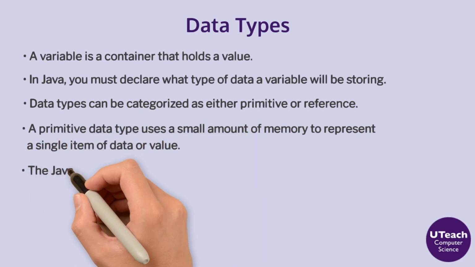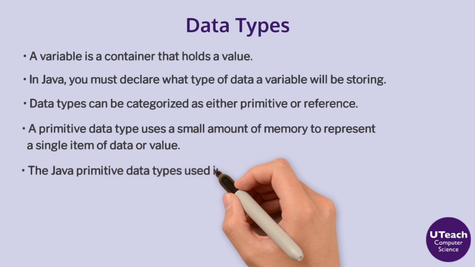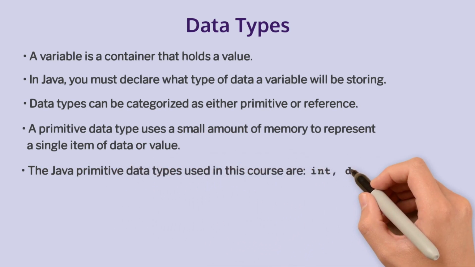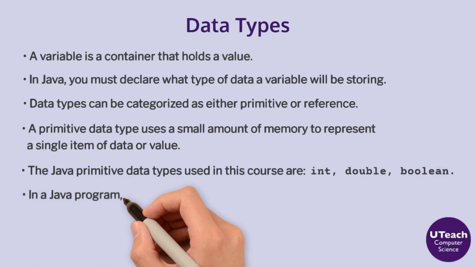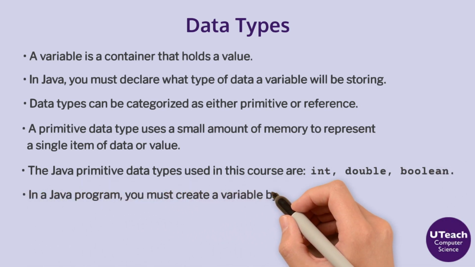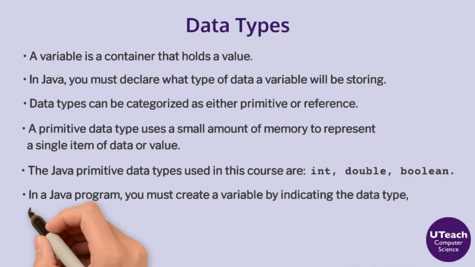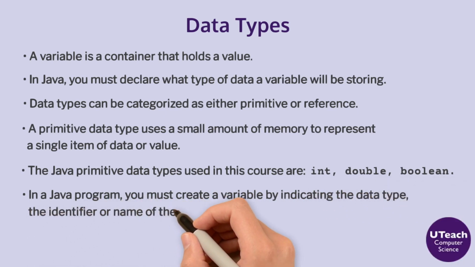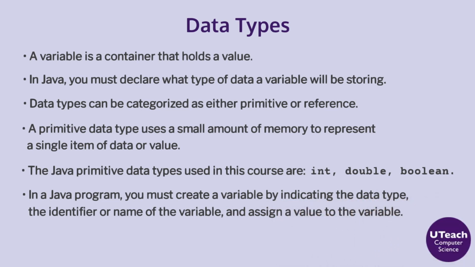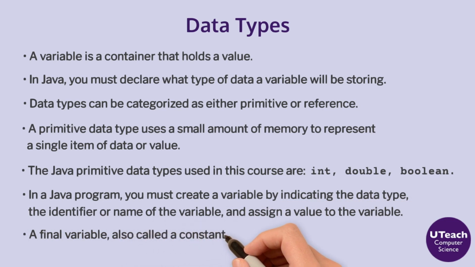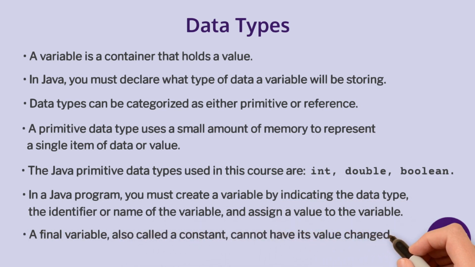The Java primitive data types used in this course are int, double, and boolean. In a Java program, you must create a variable by indicating the data type, the identifier or name of the variable, and assign a value to the variable. A final variable, also called a constant, cannot have its value changed.